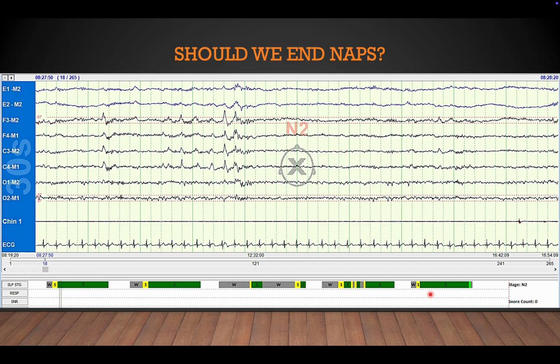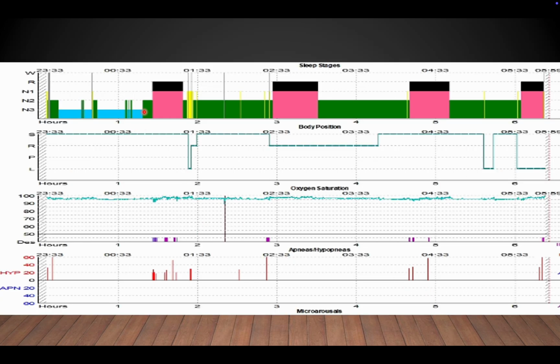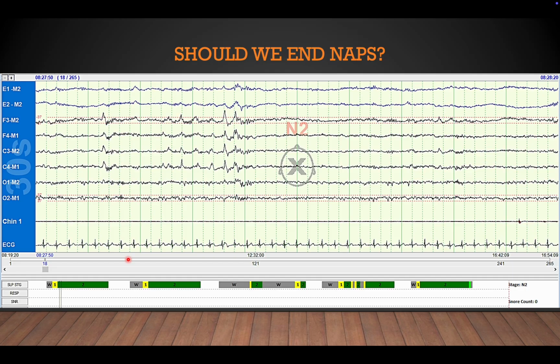We did 5 naps. So the question is, even though there was no SOREM in the nocturnal PSG and there was no SOREM in the naps, why do we need to do the fifth nap? The answer is that MSLT is done not only for the SOREMs, it is also for mean sleep latency.